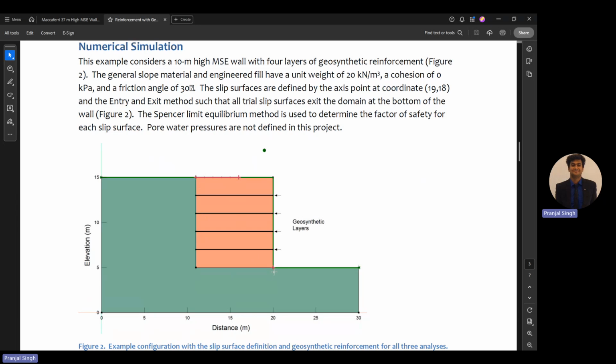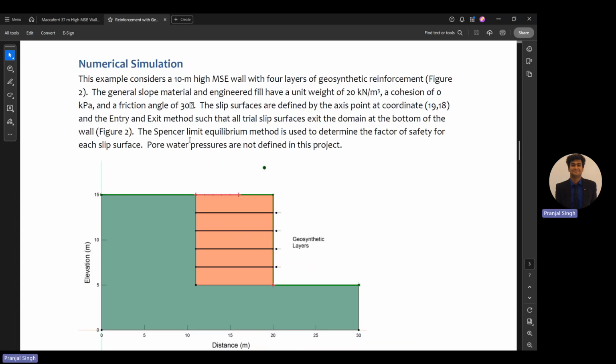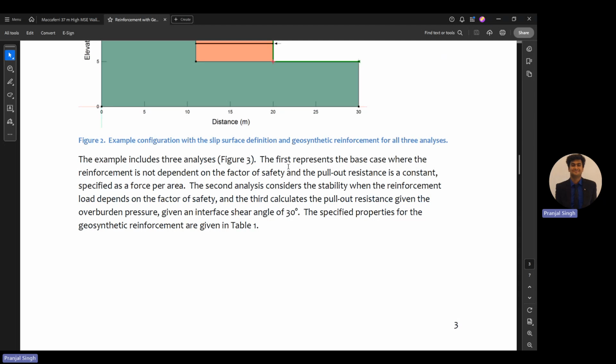So most likely it will be a plane wedge failure rather than a slope failure. Then the Spencer limit equilibrium method has been used. Generally you use the Spencer limit equilibrium method or the Morgenstern-Price method. These are the two methods. Otherwise, you can also use the method of slices, and pore waters are not defined.